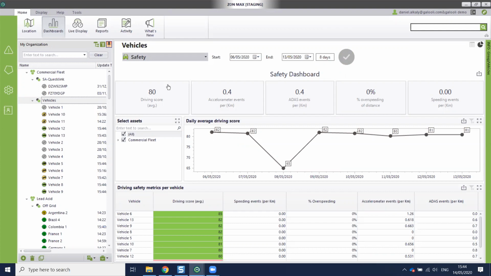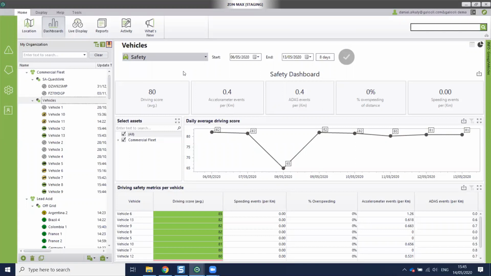So we're looking at the vehicle's driving score, and this score is specifically for safety events. When I'm referring to safety events, I'm referring to overspeeding, and any events registered by the accelerometer: harsh acceleration, harsh brake, harsh turn, and accidents.